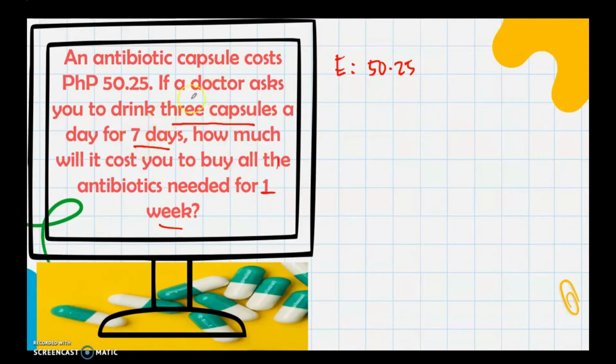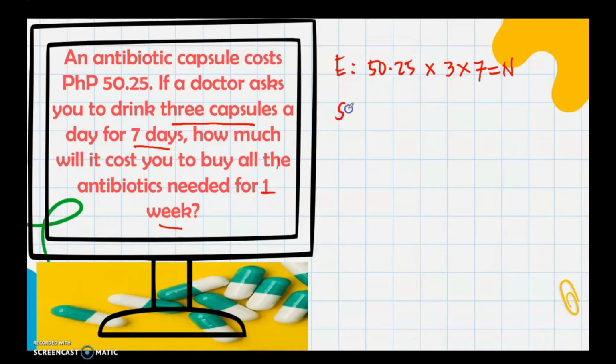Just add 7 and 3? No, if each day you will drink 3 capsules for 7 days, what's the total? So, you're going to multiply 50.25 with 3 times a day times 7 days. Then that's the equation.